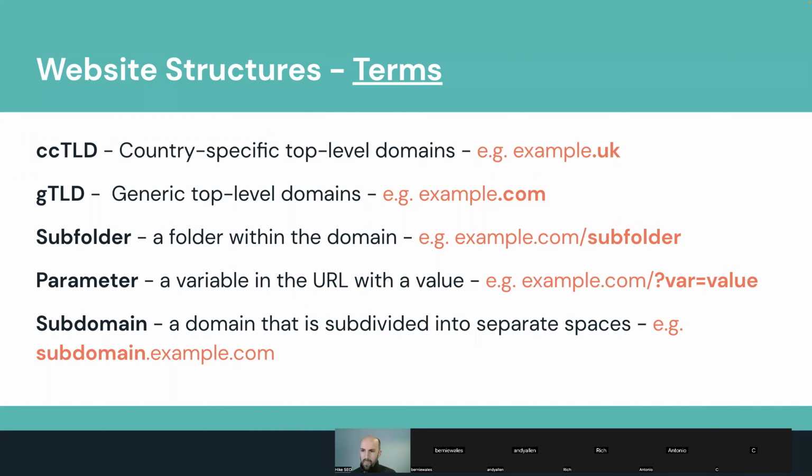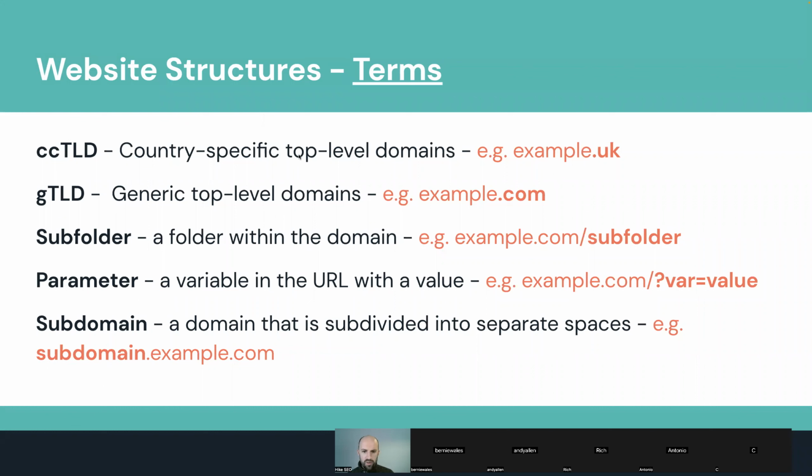For example, example.uk, .de, .ca, .com.au, anything that indicates that that domain is within a country or targeting a country. Then it's gTLD. Those are generic ones. So .com, .net, .co, etc. So that's not country specific. So you can use that domain in pretty much any country.